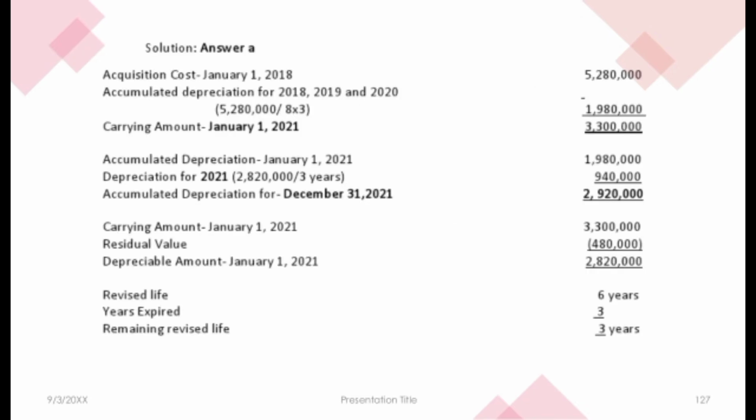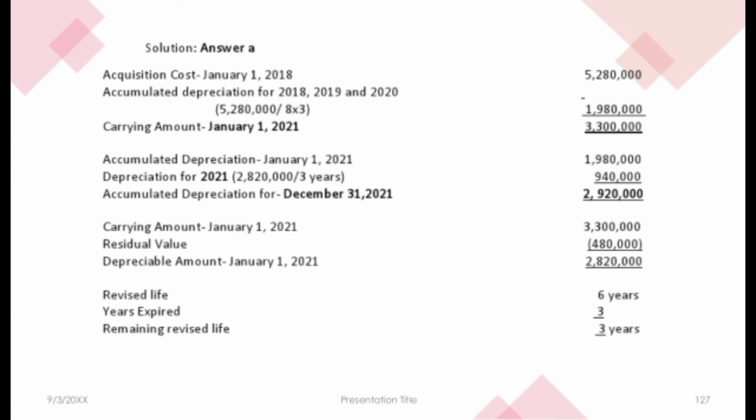To get the accumulated depreciation for the machine on December 31, 2021, we need to get first the carrying amount for January 1, 2021. So, acquisition cost January 1, 2018 is 5,280,000 and over the past 3 years, nagkaroon siya ng accumulated depreciation.